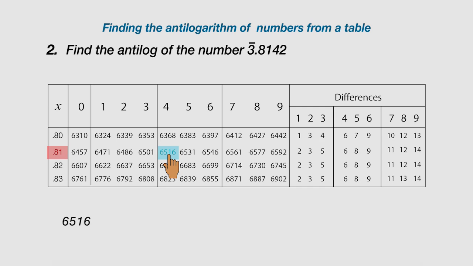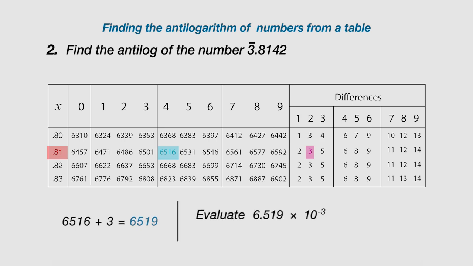We continue horizontally to the part that is headed differences, and then we look for difference 2. Now under difference 2, we have the number 3. We will now add the 3 to the first 4 numbers that we saw. And so we are adding 6516 and 3, and that gives us 6519.